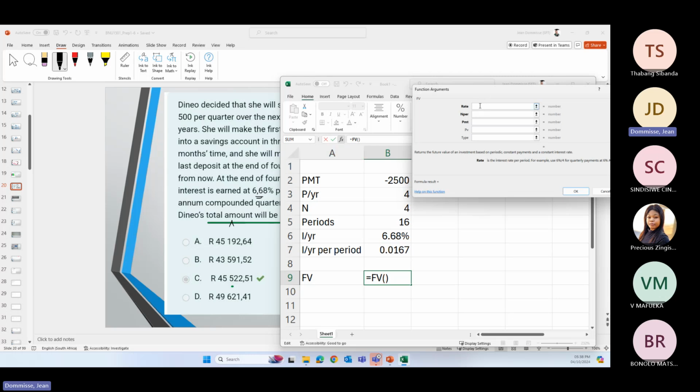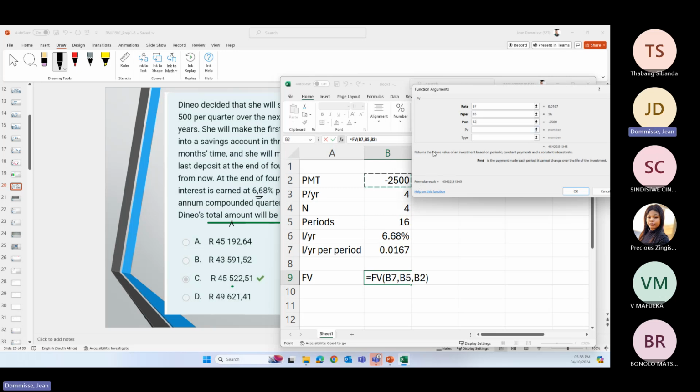What you need to put in is the rate. And here they also say, that's why I divided it, it's the interest rate per period. So for example, use 6% divided by 4 for quarterly payments. Then they tell us the number of periods is the total number of payment periods. So that is the 16.